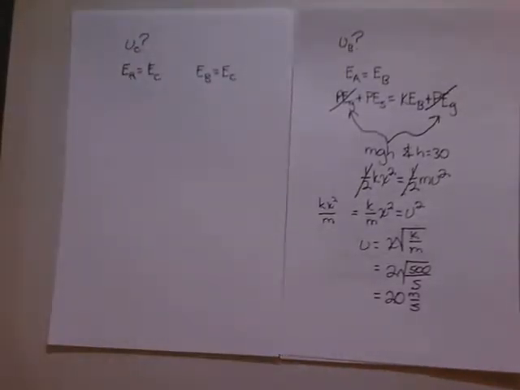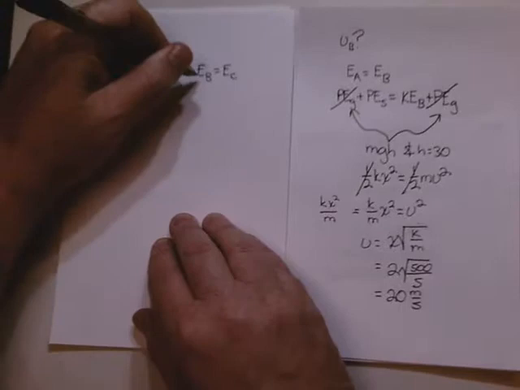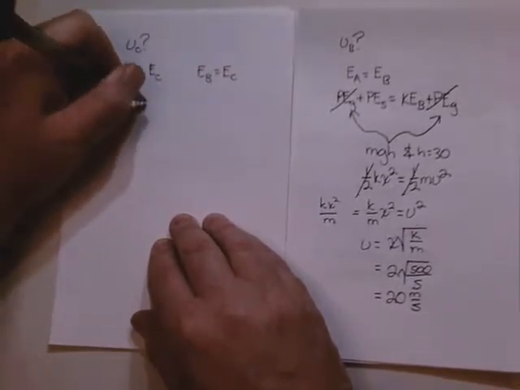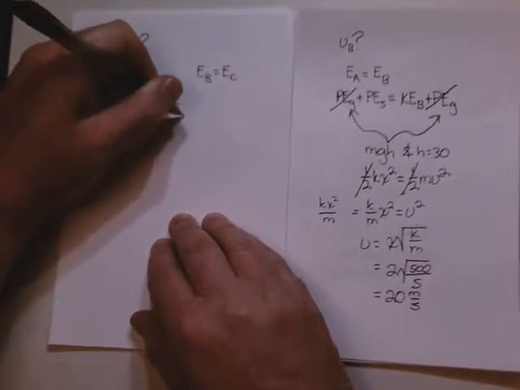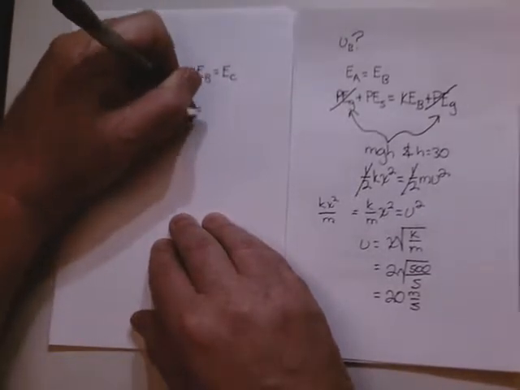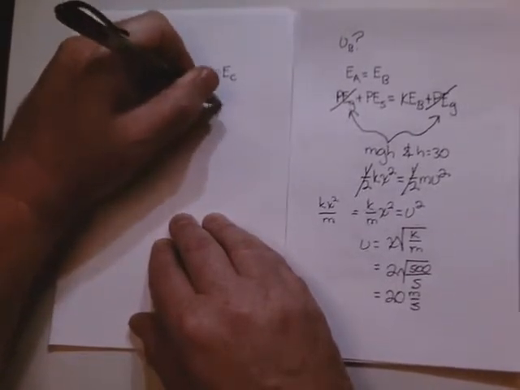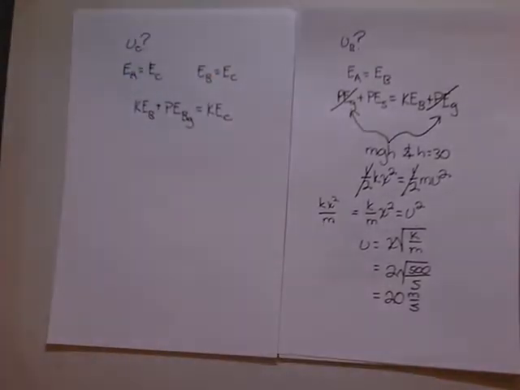We don't have the time to explore all the permutations, so we'll do energy at B is equal to energy at C. Energy at B is the kinetic energy at B plus the potential energy at B due to gravity, which is equal to the kinetic energy at C, the bottom of the hill.